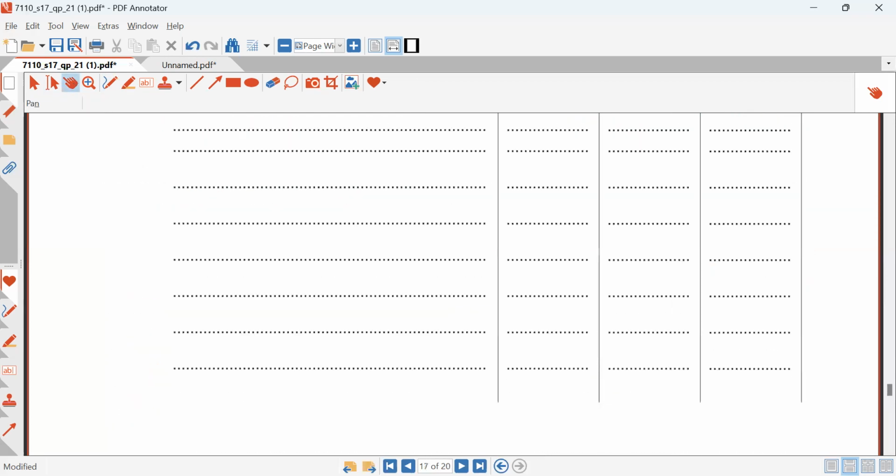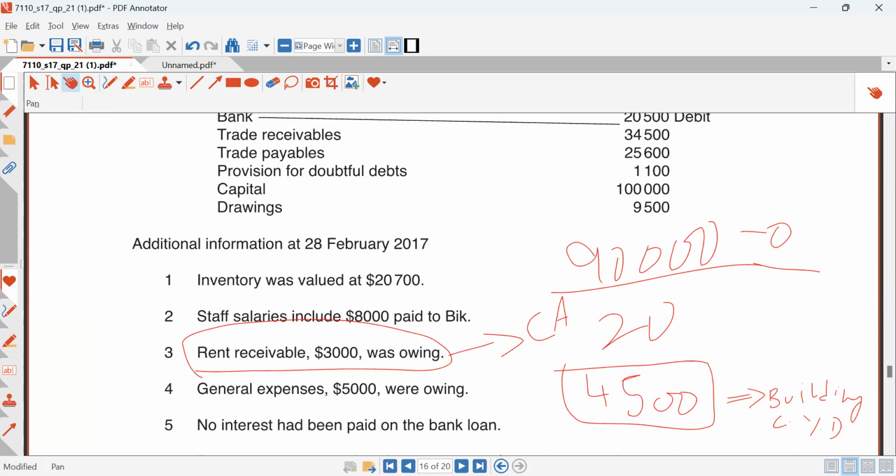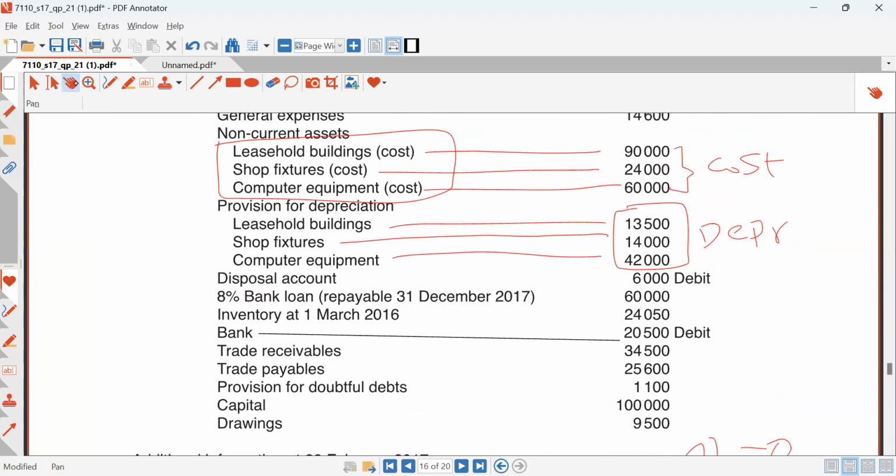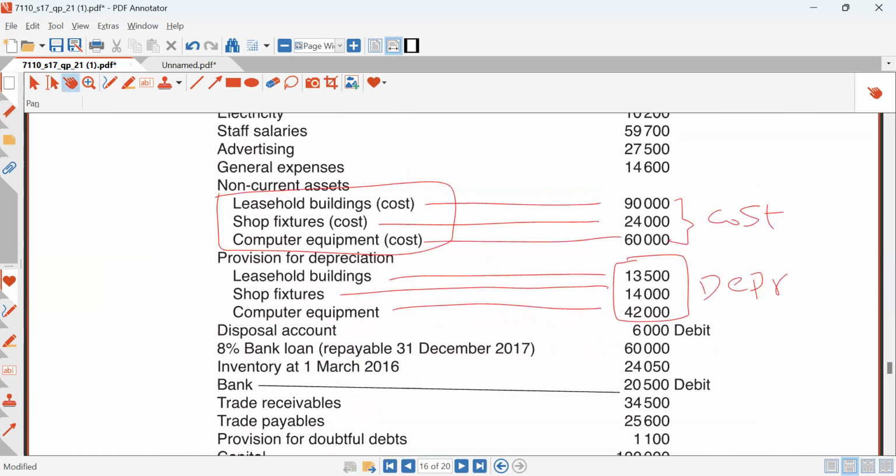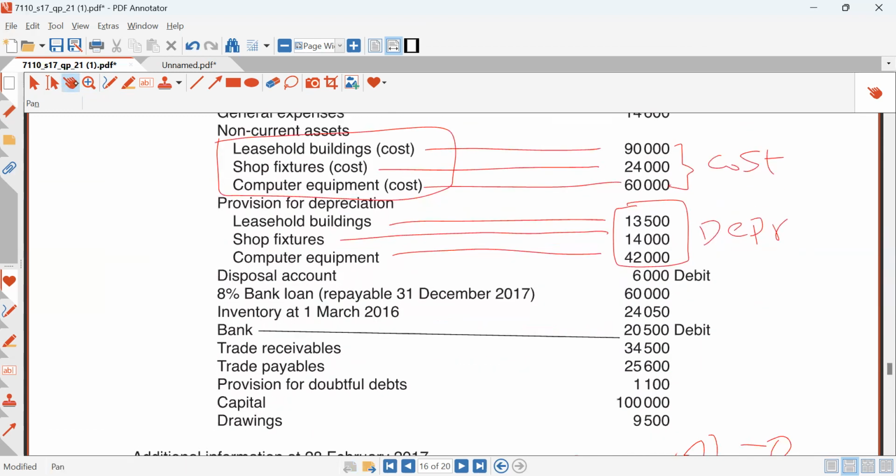Let's see the value of capital at start. This is also given in the question. It's over here. 100,000.